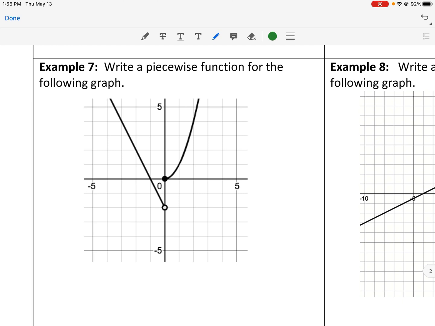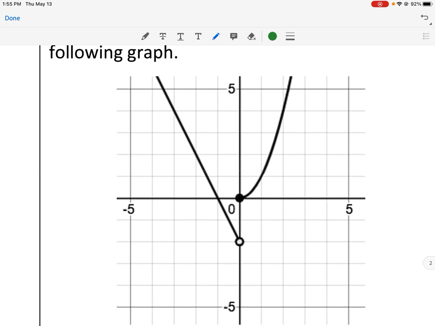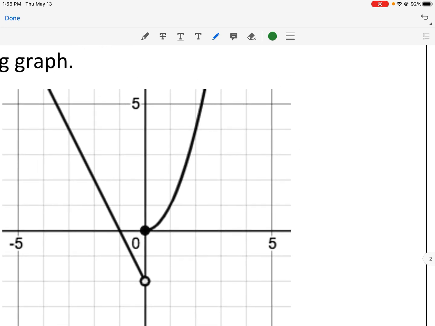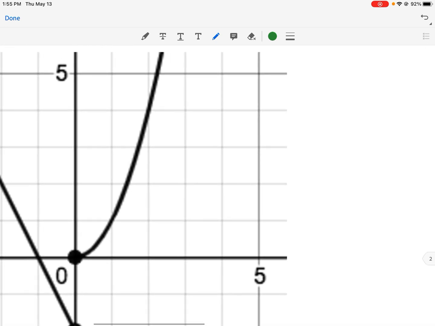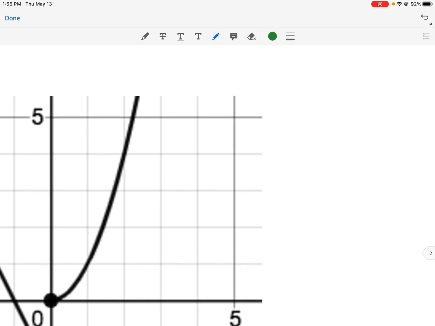Okay, let's do the same thing down here. But we have different types of functions this time. So on the left, we have a linear, which we can write the equation the same way we did before. And on the right side, sometimes this is a little bit harder to identify. It's not a straight line. You have to think about what the parent functions are.